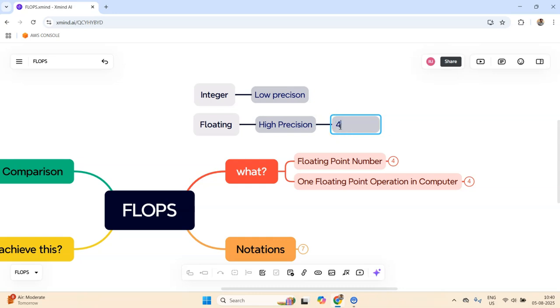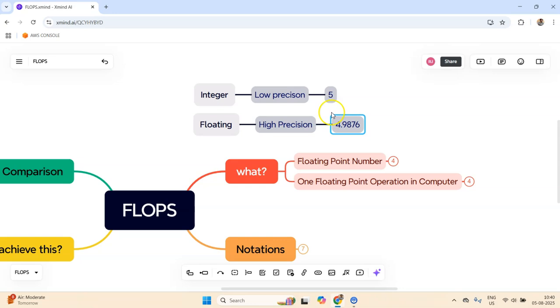So for example, 4.9876 is a precise number if we compare it to, let's say, just 5, which is rounded off, right? Now which is more precise? Obviously this is precise. Now to represent this floating number within the computer, you would need more memory or more storage, or in other words, more bits.